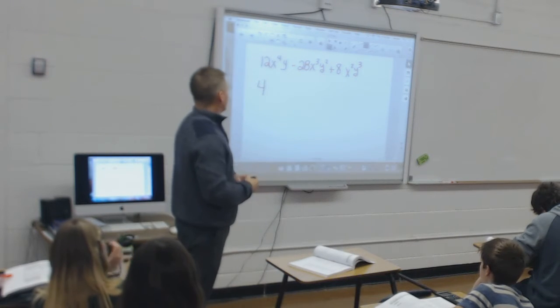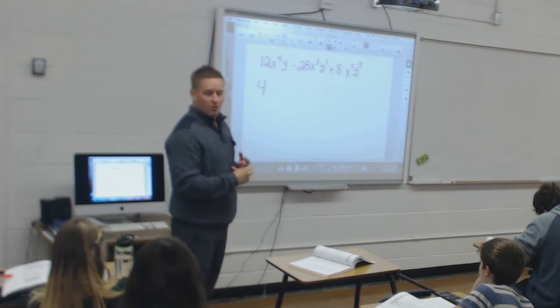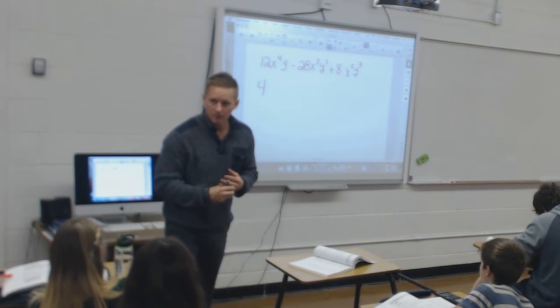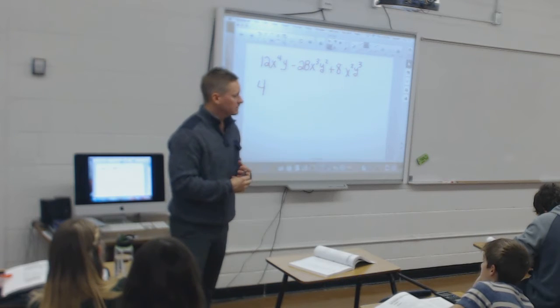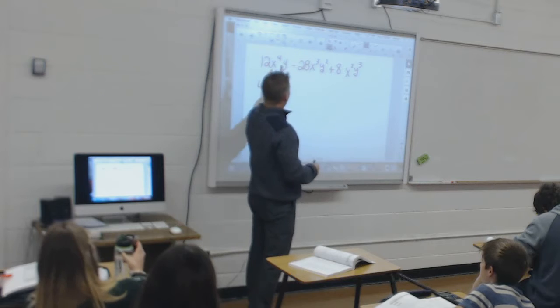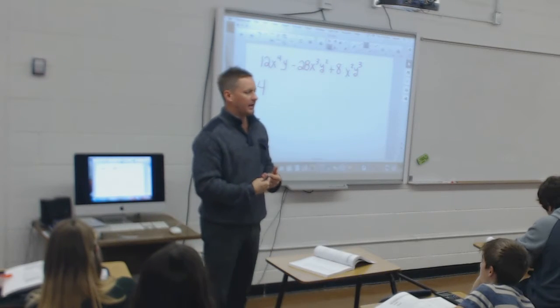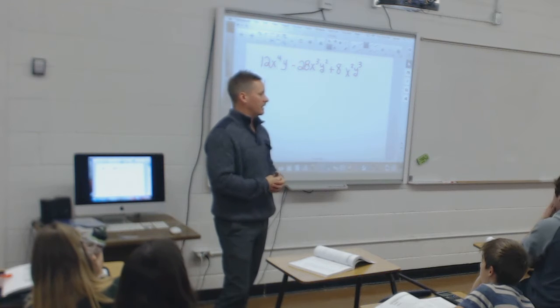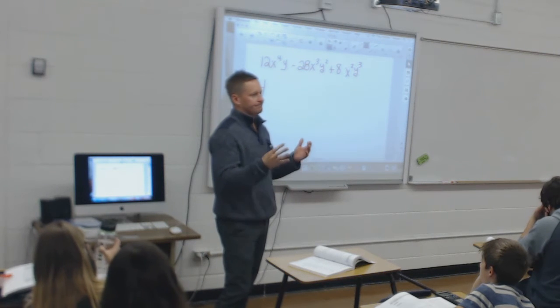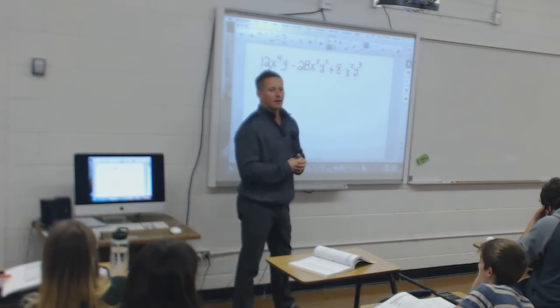Now looking at it, is there an x in each of the terms? There is. So what is the one that I could divide out of each of them and not end up with a decimal? x squared.